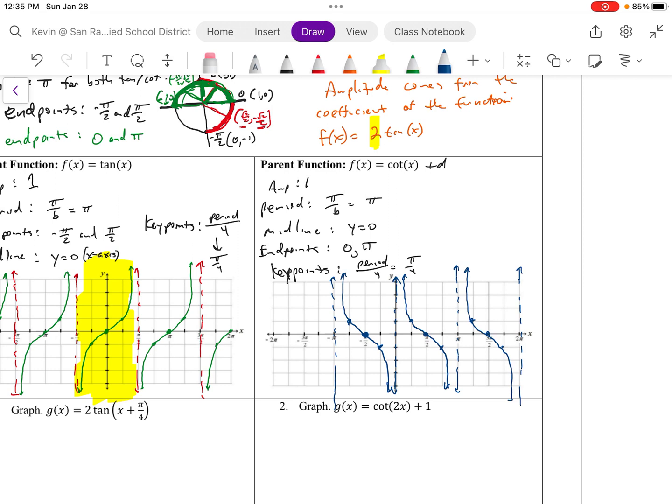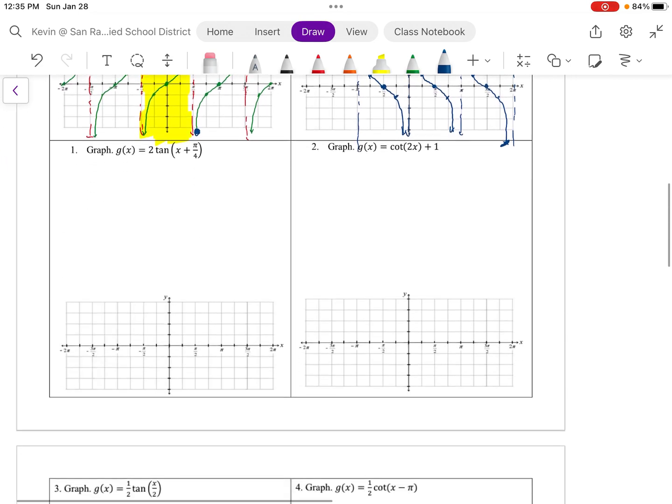You'll notice with tangent, it's going from upper right down to lower left, whereas with cotangent, we're going from upper left down to lower right. So they look almost like a reflection of each other, which makes sense because they are.